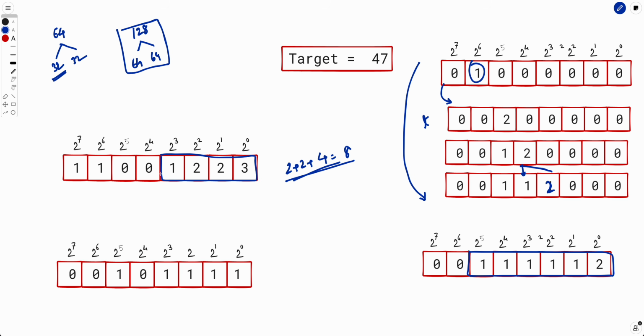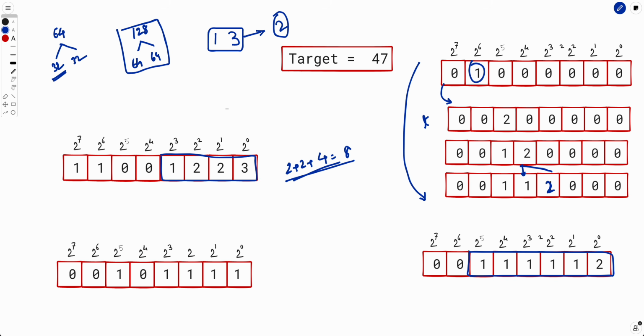Now, is it always possible to get a subsequence that can sum up to 32? In other words, let's say there are elements 1 and 3, right? So 1 plus 3 is 4. But you can't make a subsequence that can sum up to 2, even though 2 is smaller than 4, right? But now here what we are saying is, if we have a sum of 32, I will be able to make 32 as well.